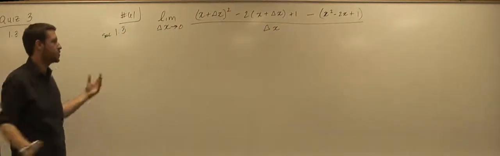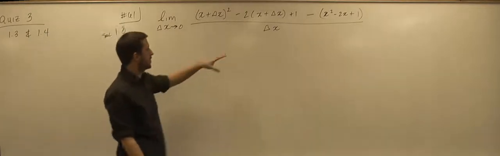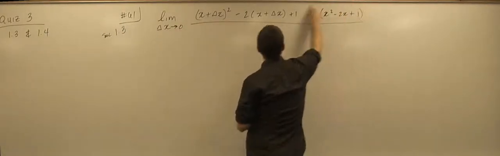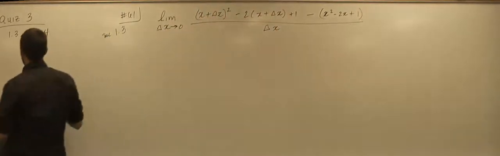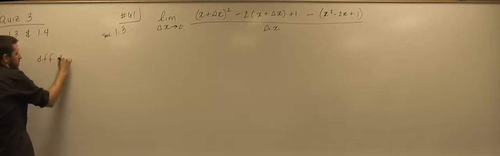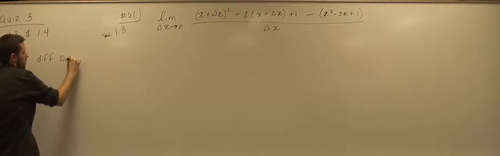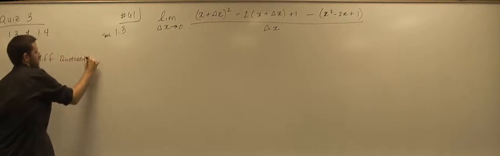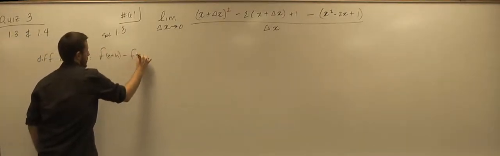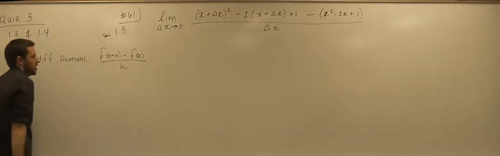So this is actually a difference quotient in here. Do you guys remember the difference quotient? Like if I give you a function, the difference quotient, probably if you took 126 here, you saw written as f of x plus h minus f of x over h.